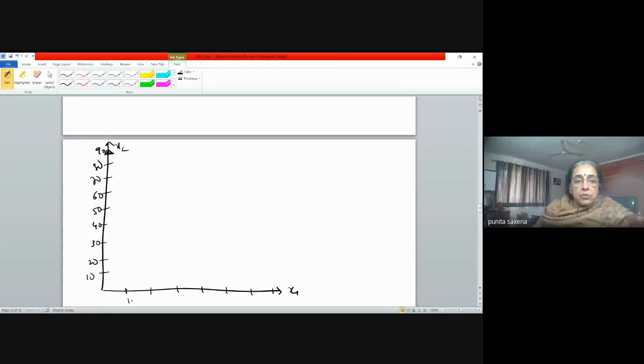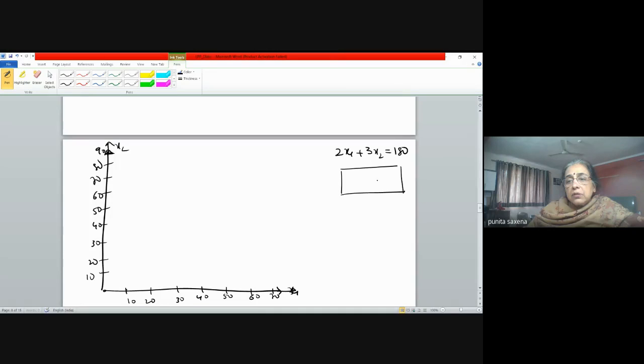And similarly here also, and so on and so forth. And this is my origin, right? Now, what was the first equation? 2x1 plus 3x2 equal to 180. तो अब क्या करते हो तुम?